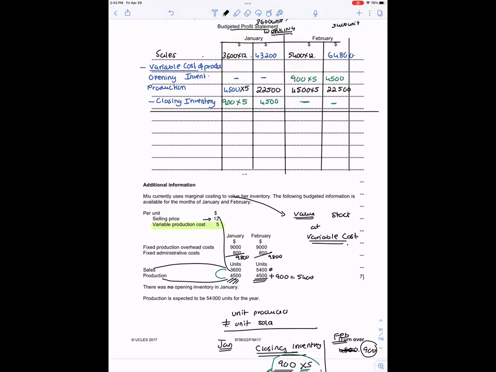Now I'm making my statement. So I'll take sales. What is sales for Jan? I'll directly take this amount. Minus variable costs of production.